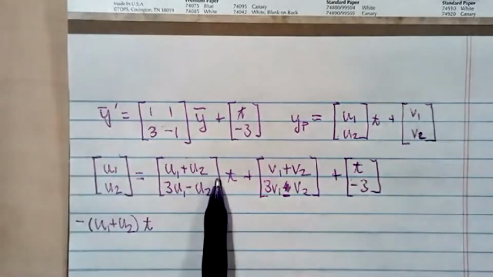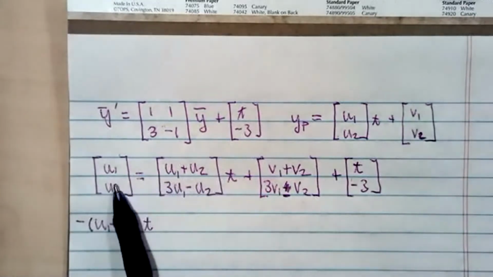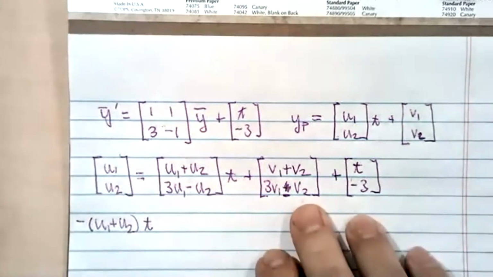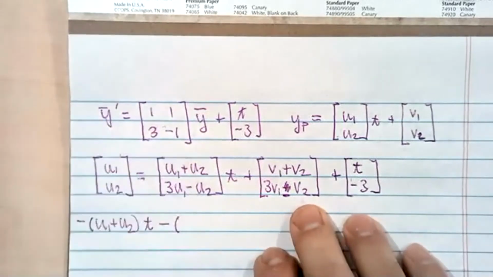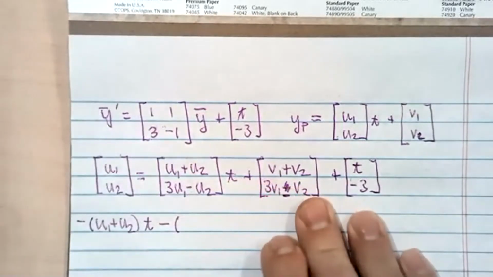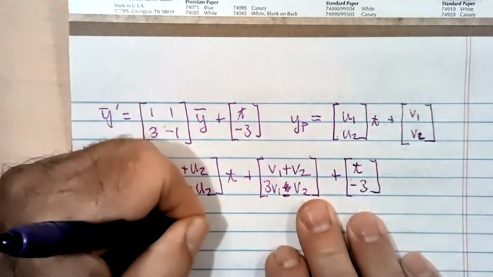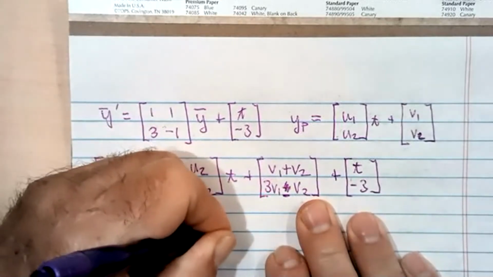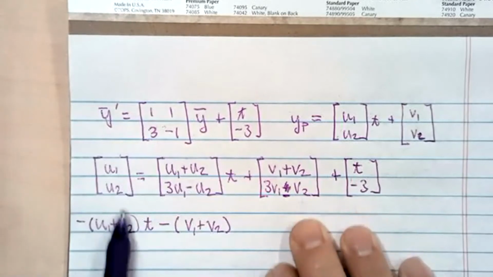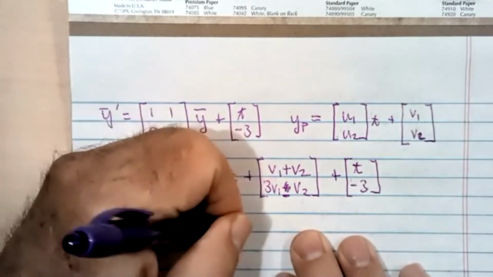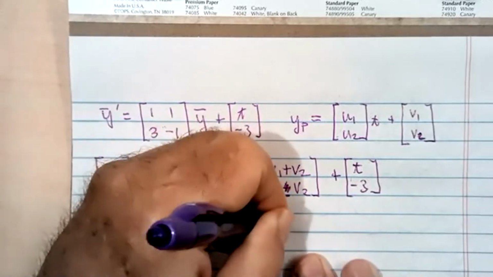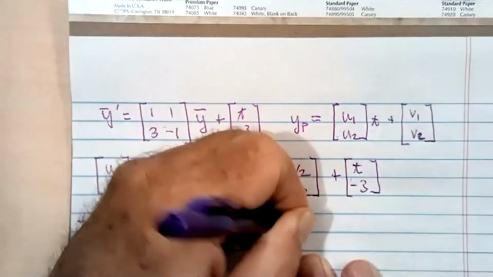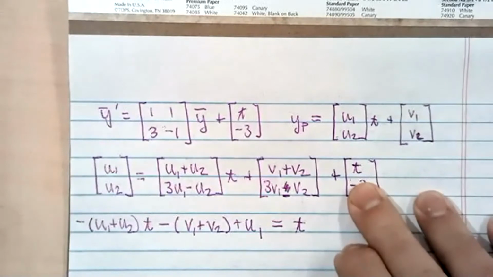That'll be this one once you've pushed it over to the other side of the equation. And then we'll have some constants. Those are, we're subtracting the v1 plus v2, and then we already had a u1 on this side. And that has got to add up to be t, because that's what will be here.